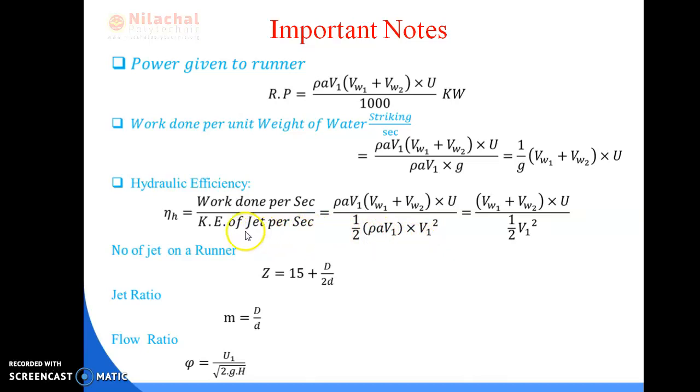So mass of water striking per second, earlier we had rho a V1 into V1 square. So here rho a V1 and rho a V1 cancel out. So that is (Vw1 plus Vw2) into U divided by 1 by 2 V1 square. So this is equal to hydraulic efficiency.